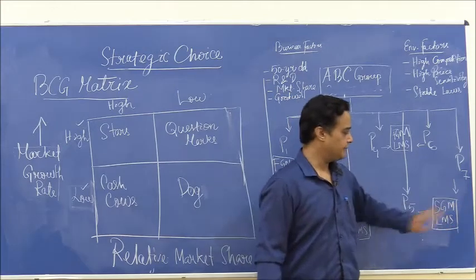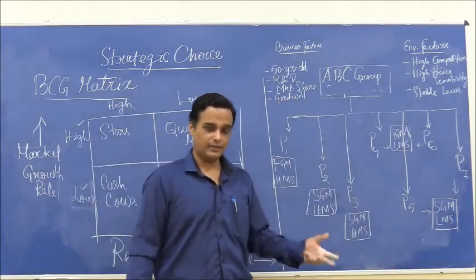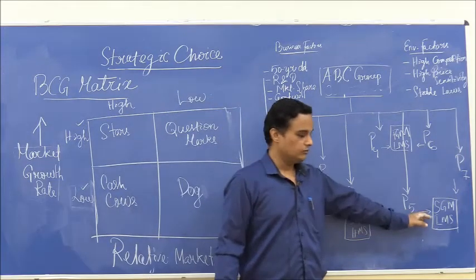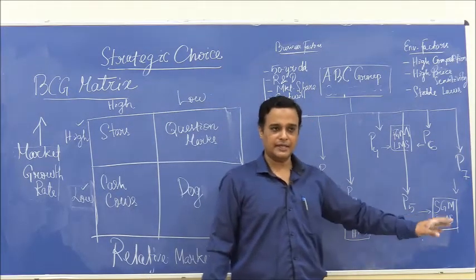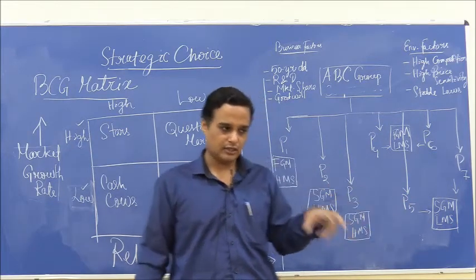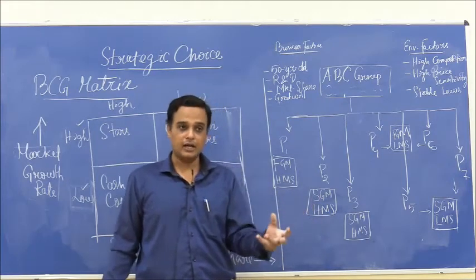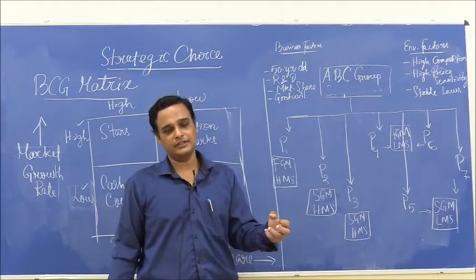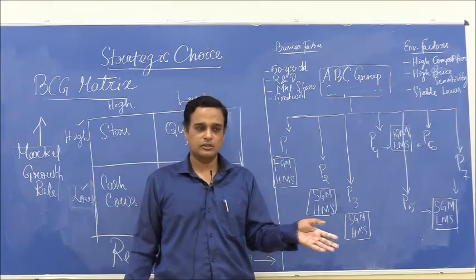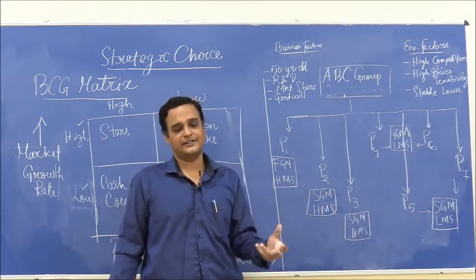P5 and P7 are product categories or products or brands which are in a slow growing market. Perhaps in the past this market or this product had considerable demand, but right now they have either maxed out, they have saturated their demand, or perhaps the product has declined in its life cycle.